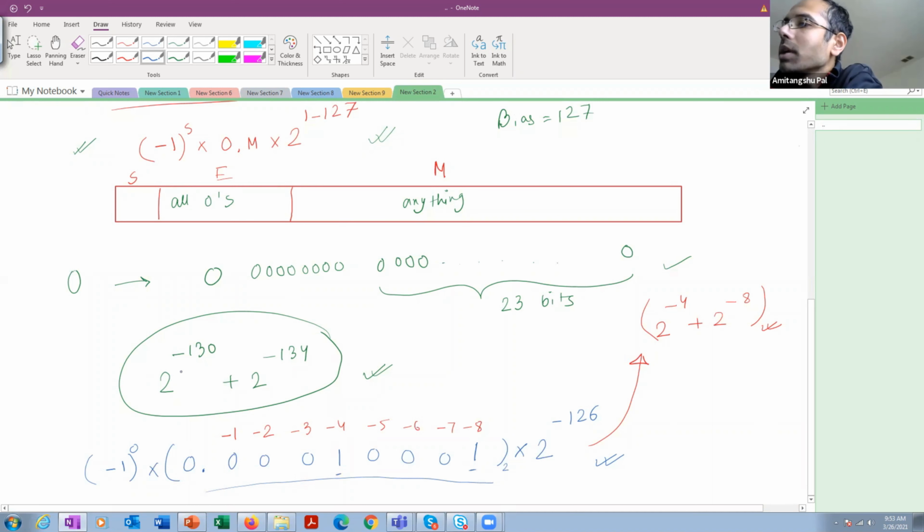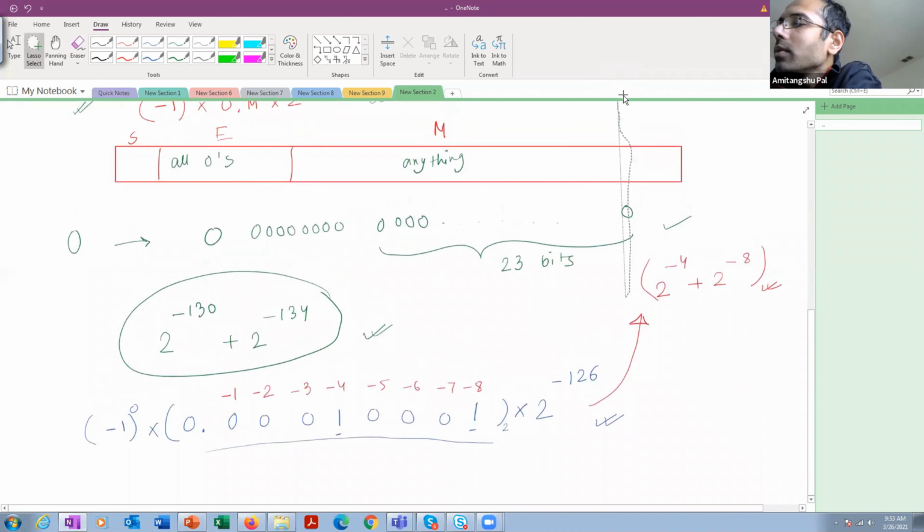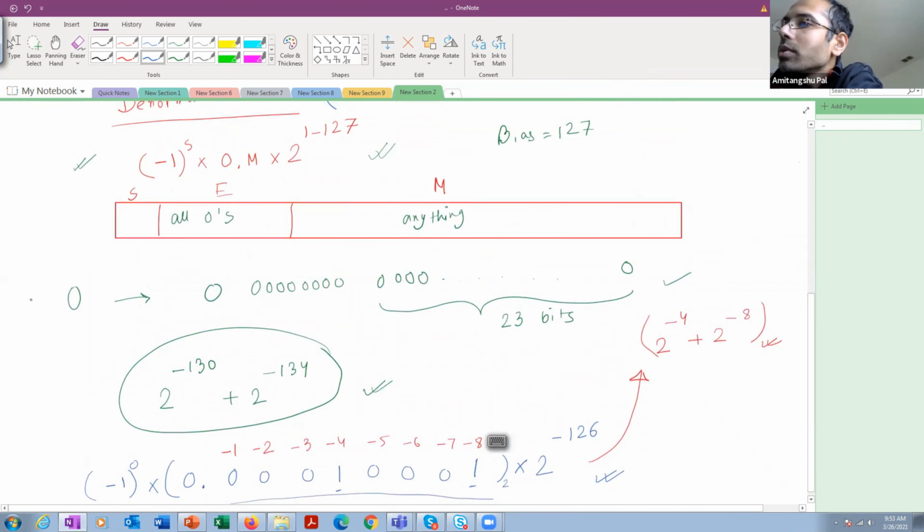So using this formula for denormalized values, I can represent 0 and also values smaller than 2 to the power minus 126. This resolves the issue I was facing with the formula for representing normalized values.